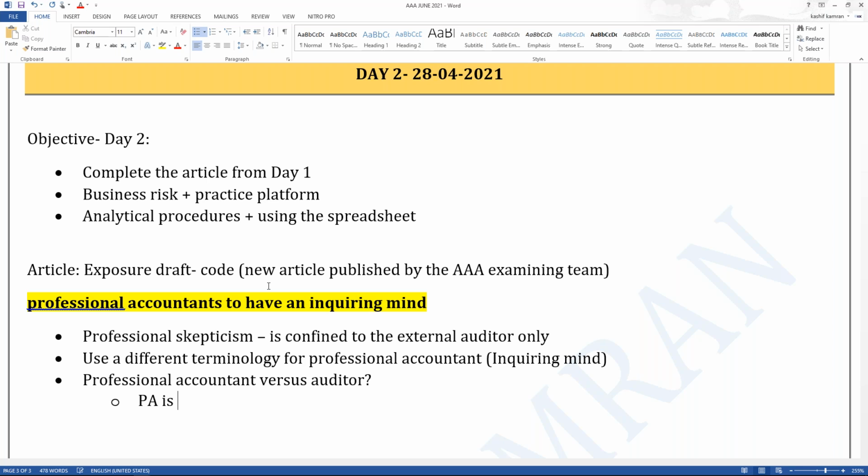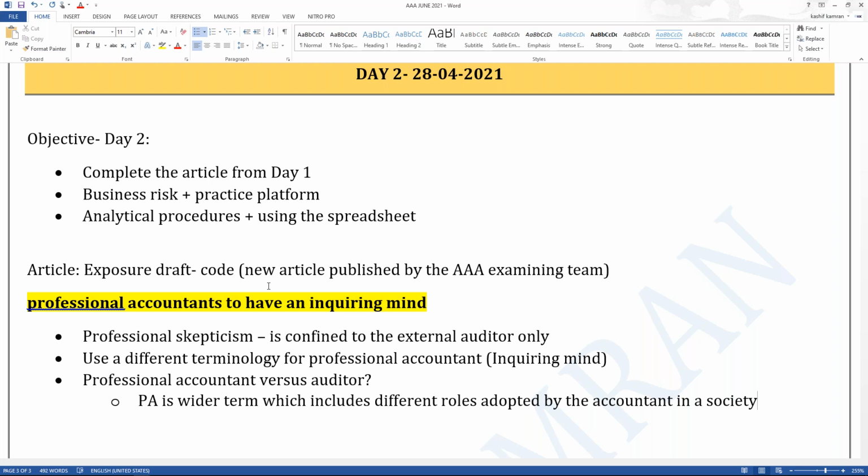The professional accountant is a wider term which includes different roles adopted by the accountant in a society. I hope you know the different roles adopted by an accountant in a society.